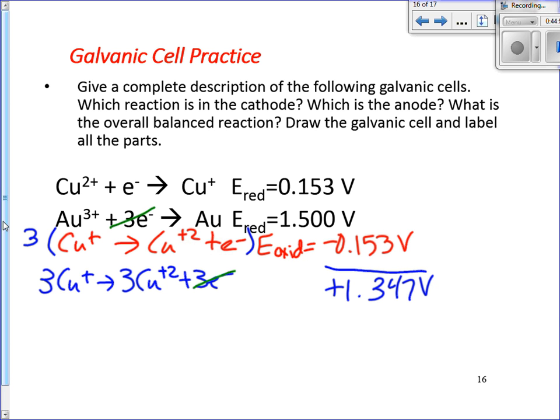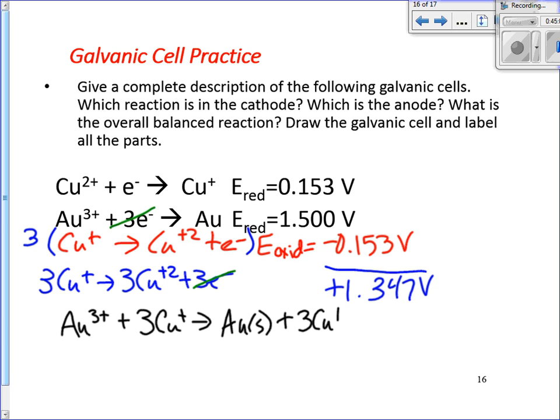So I end up with Au3+ plus 3Cu, giving us Au solid plus 3Cu2+. Okay, so that's your overall balanced reaction. And now you can draw in your galvanic cell, identify the anode, and label all of the parts.